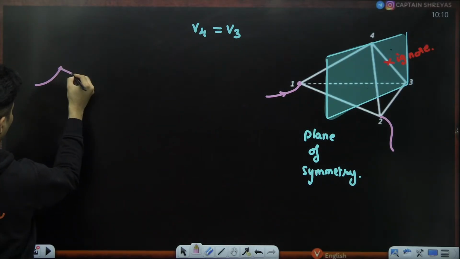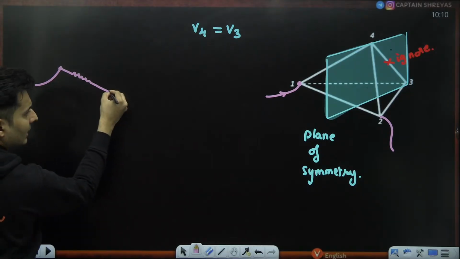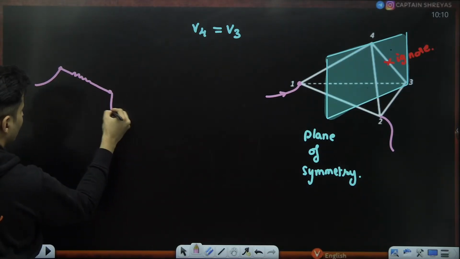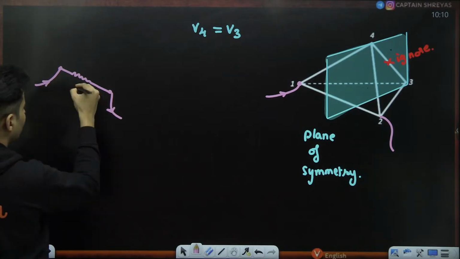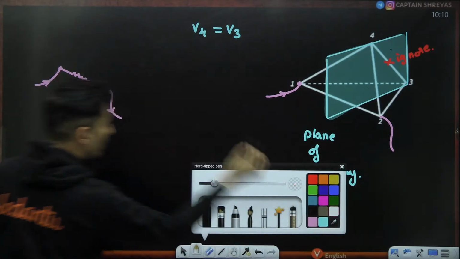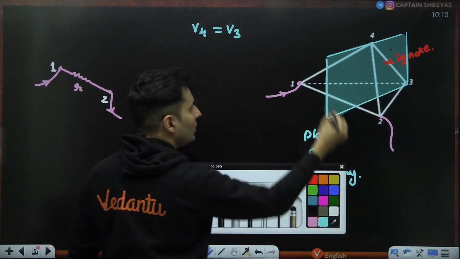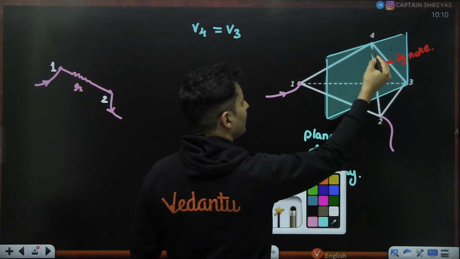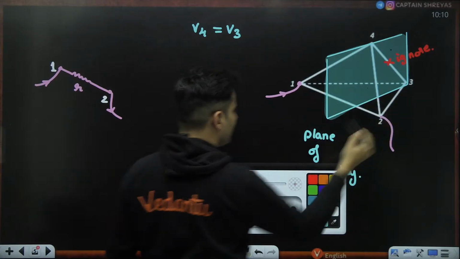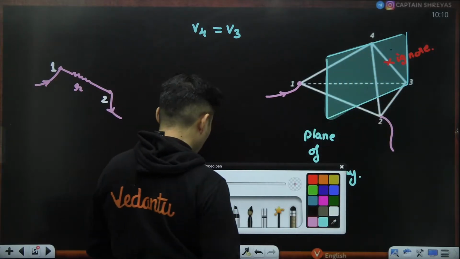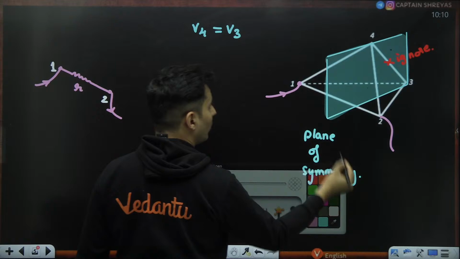Between 1 and 2, there is only one resistance out here, which is R. So this was your point labeled 1, this was point labeled 2. And then show the other resistances like this one and this one. Do not show 4 and 3.